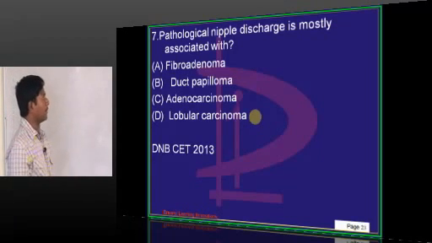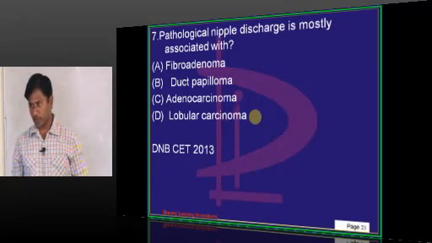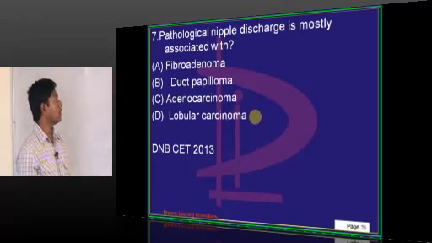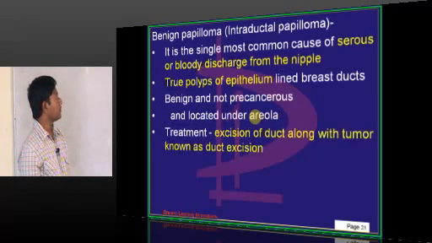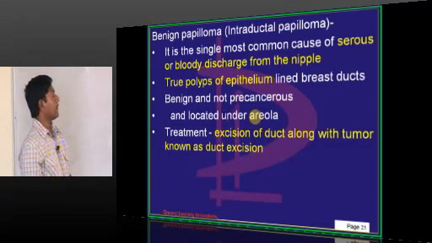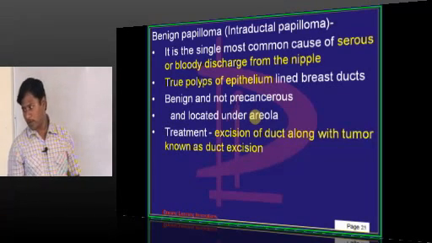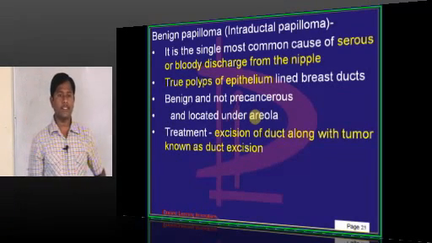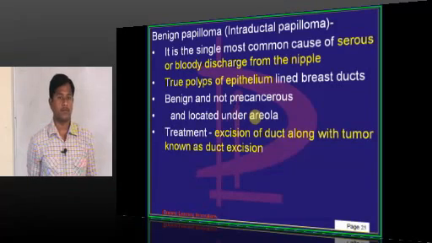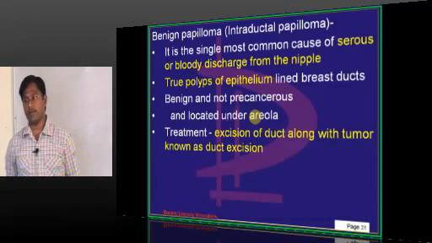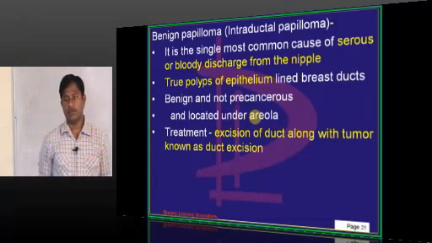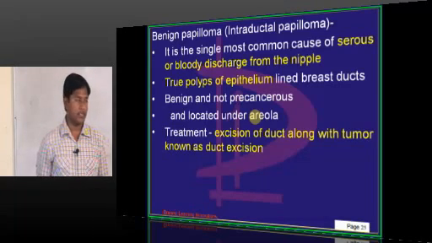Pathological nipple discharge is mostly associated with duct papilloma. So what is this ductal papilloma? Is it a benign condition or a malignant condition? Benign condition, yes.